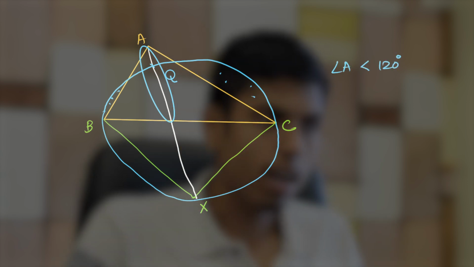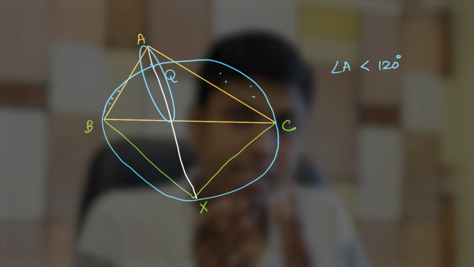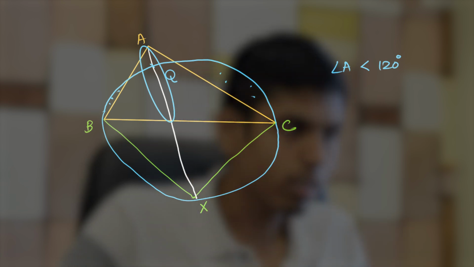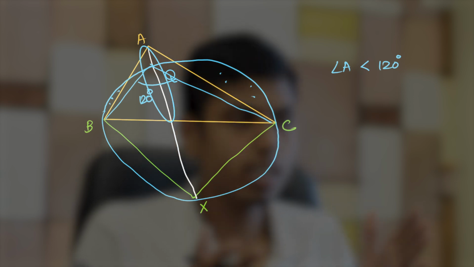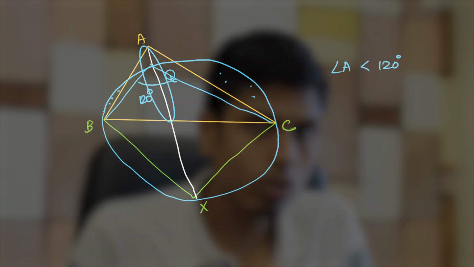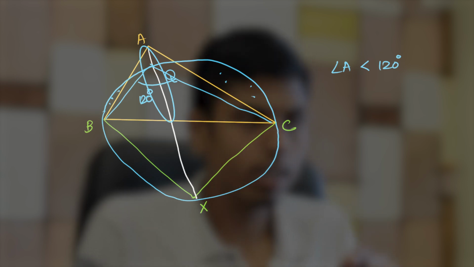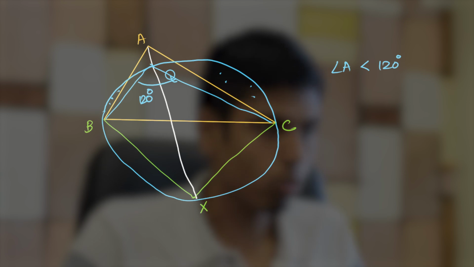That means the point A cannot come inside the circle, as the circle is the locus of points that make equal angle. So this angle would be 120 degrees and point A cannot come inside, otherwise angle A would be greater than or equal to 120 degrees. Thus, point Q lies on the segment of AX which is above BC. That means it is inside the triangle. So these are some configurational considerations which are essential to solve this problem.